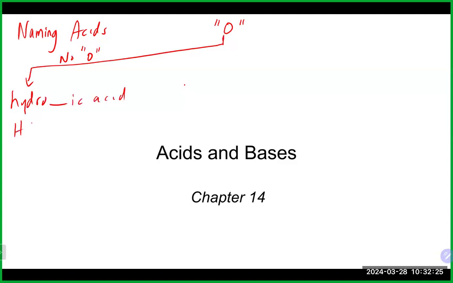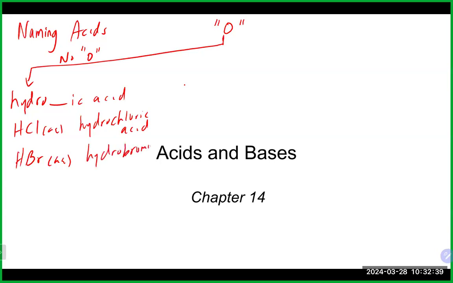Like HCl would be hydrochloric acid. HBr would be hydrobromic acid. Remember that for all acids, the cation is H+, and the anion in this particular example would be the bromide ion.